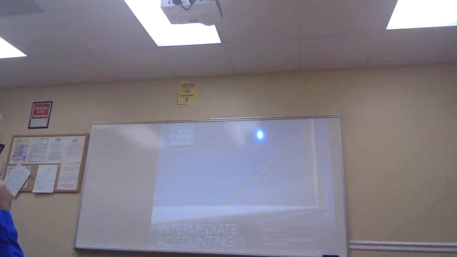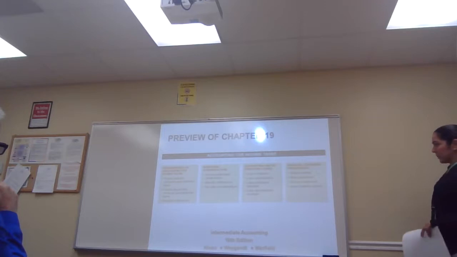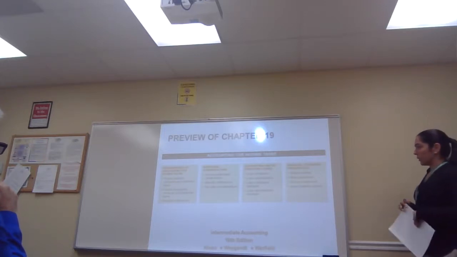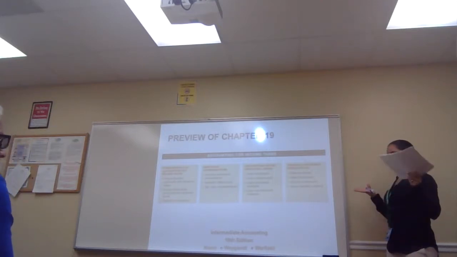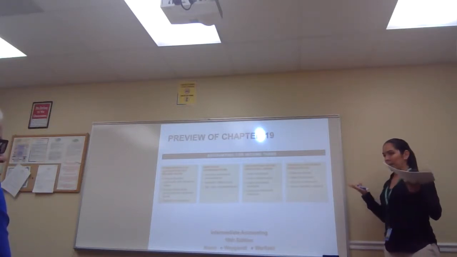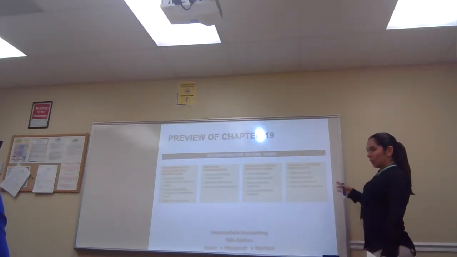So today's class, like I said, we're going to talk about accounting for income taxes. If you recall from prior courses, there is what's called GAAP and there's what's called income taxes. You can have two sets of financial statements on different bases. All along you've been learning about GAAP.